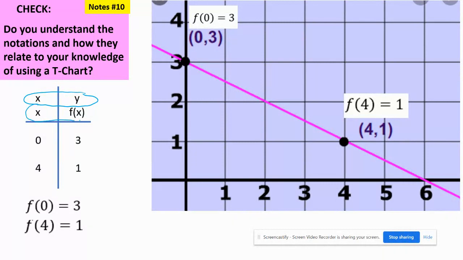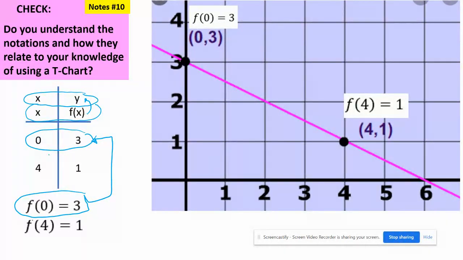Now we're thinking X, f of X T-charts because f of X means the same thing as Y, right? Just in plain notation. We used to think of the point 0, 3, right? But now we think of it as f of 0 equals 3.